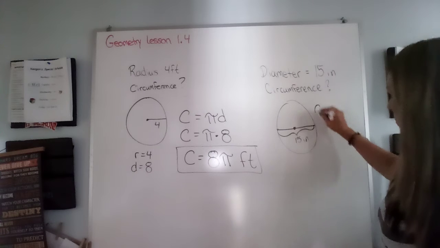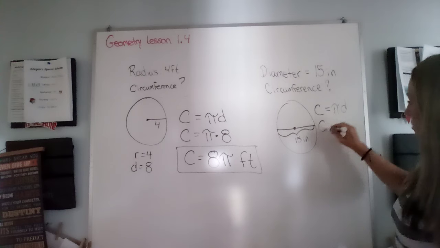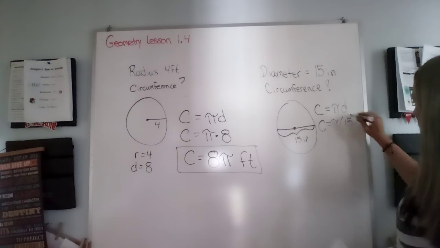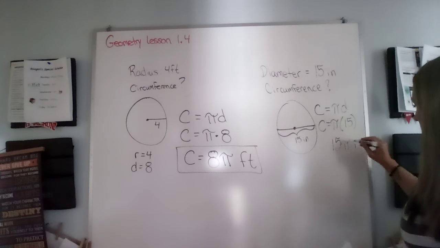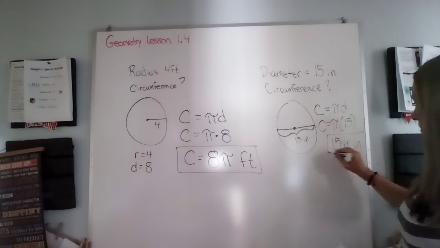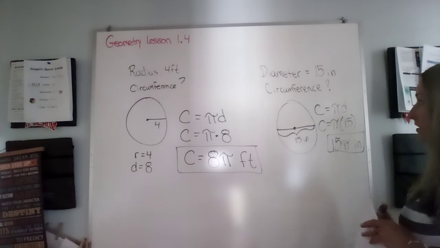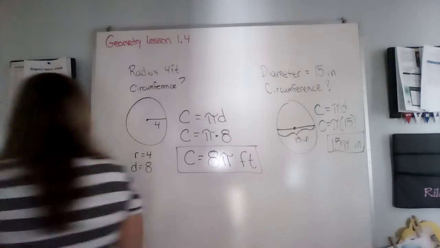My formula is still the same, pi times diameter. The directions say to leave your answer in terms of pi. So it would be 15 pi inches. Okay, the number goes in front of the pi. Right, let me erase and we'll do an area problem.